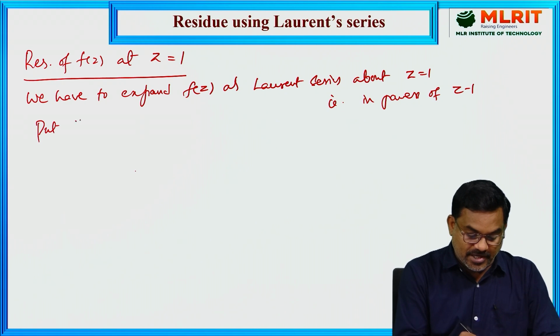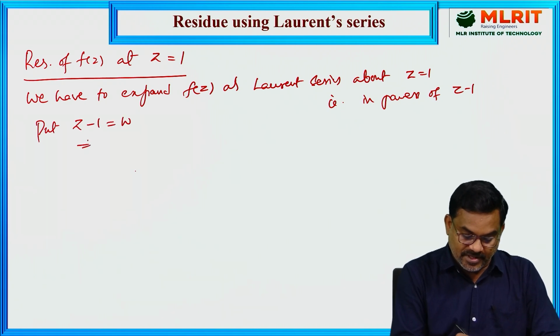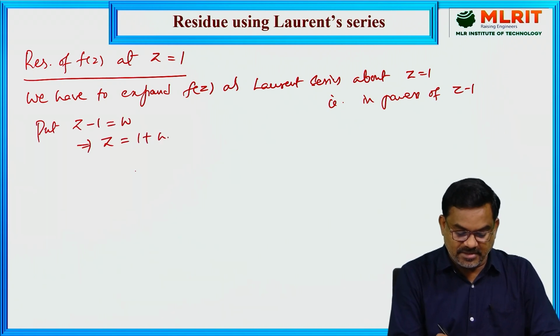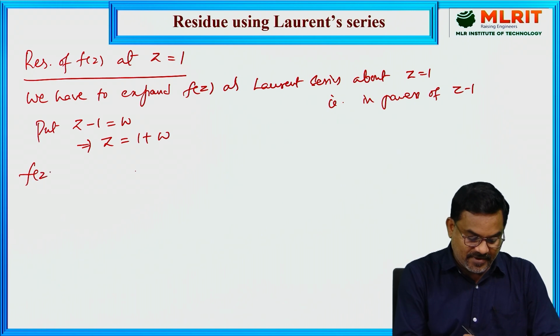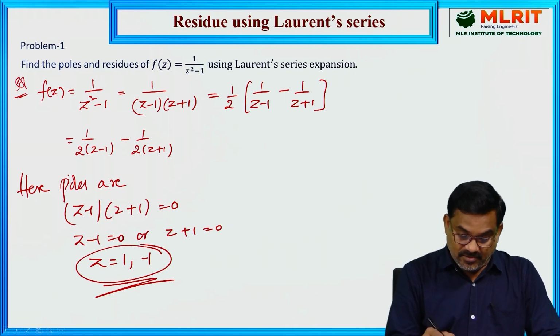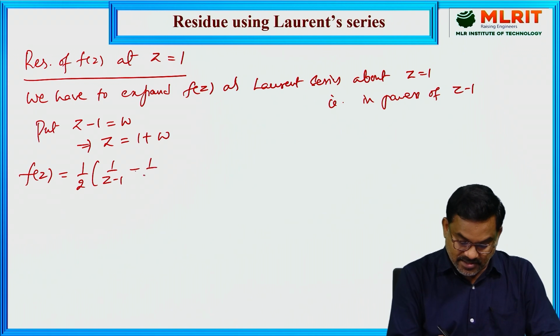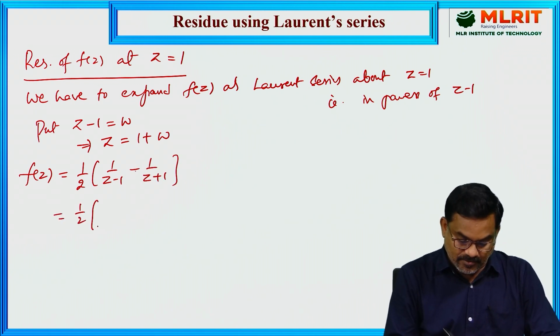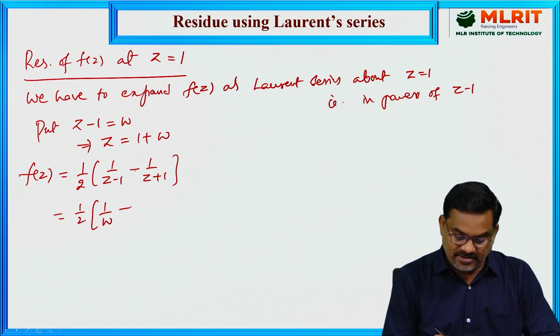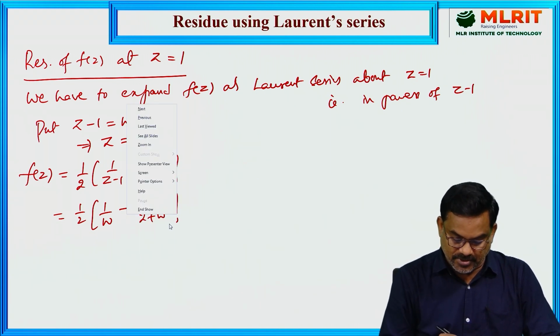So put z minus 1 equal to w, which implies z is 1 plus w. And what is the function f of z here? It is 1 by 2 into 1 by z minus 1 minus 1 by z plus 1. So z minus 1 is w, and z plus 1 is 1 plus w plus 1, so here we get 2 plus w.